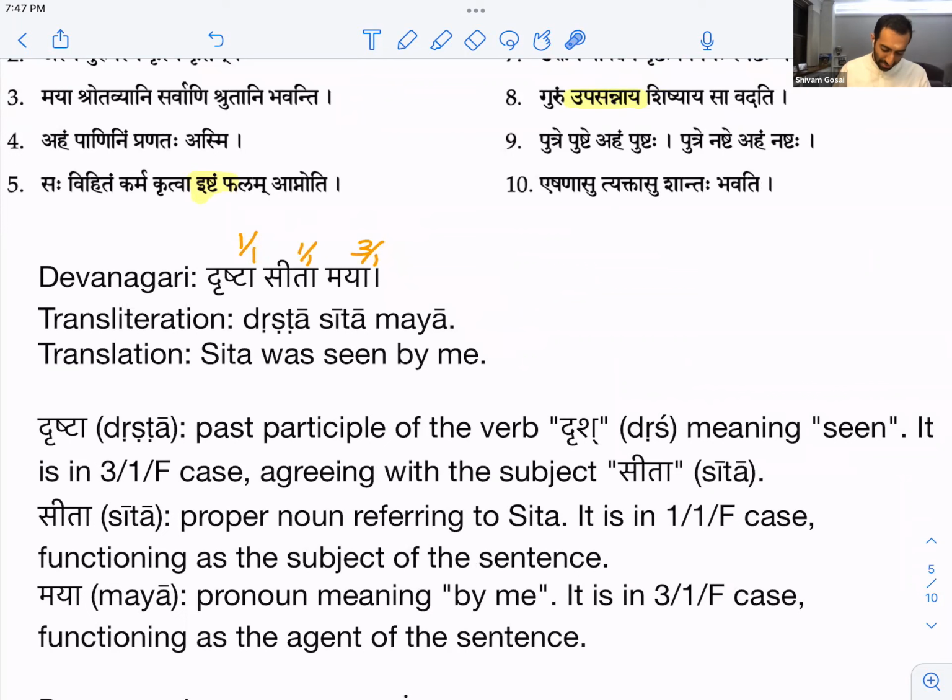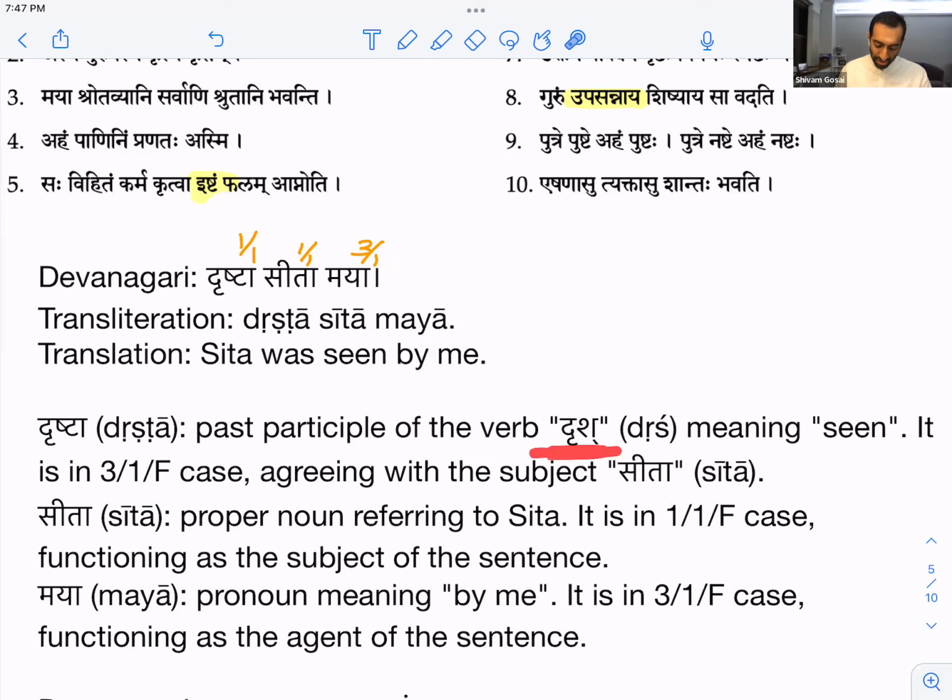And it says past participle of the verb. It's not a verb, right? So that's why I'm saying don't take this too seriously. I was doing this using a computer. I was using artificial intelligence to come up with the answers, and I wanted to see if it would work. And it did work, but there are mistakes. That's for a different conversation. But I wanted to see if it can help us get these answers quicker, so I can put it on the screen for you.